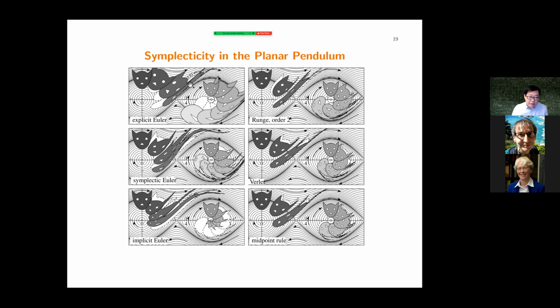So you can ask what happens when you have a numerical method and you try to do the same thing to this set of initial conditions. And you see that with explicit Euler, you could start off with this phase volume or phase area, and under the flow of the explicit Euler method, that phase area increases. With implicit Euler, that phase area actually decreases or decays, and symplectic Euler preserves that. So symplectic methods are also automatically volume preserving.